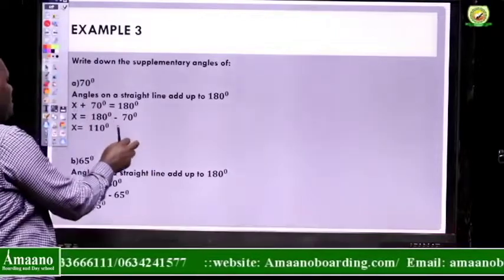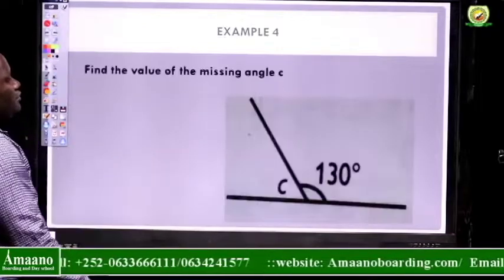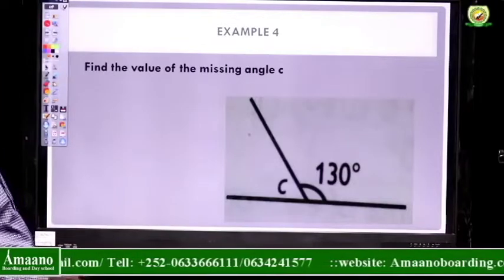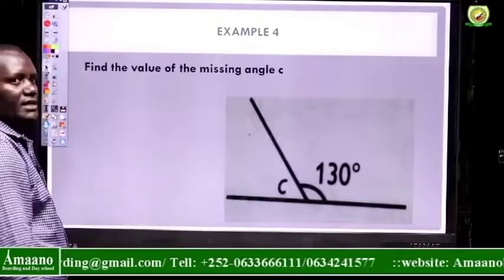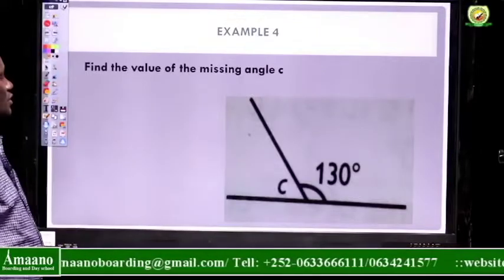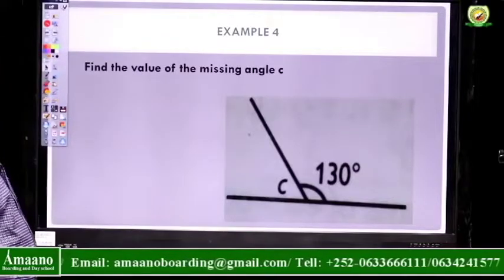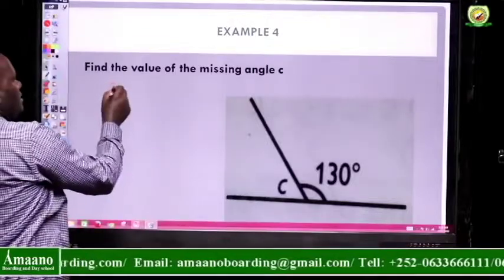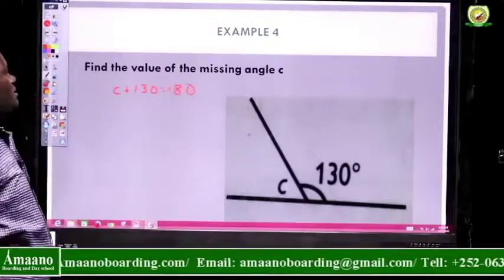Next one I have here, example 4. I'm given a diagram and I'm asked, find the value of the missing angle C. Missing angle C. That's a straight line. Angles on a straight line, they add up to 180 degrees. So the supplementary angle for 130 degrees is going to be C. It's going to be C plus 130 equals to 180 degrees.